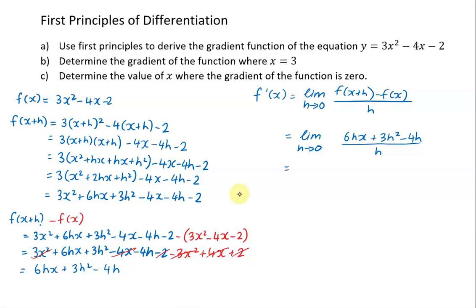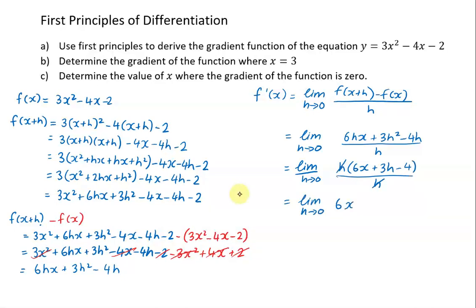So we take a common factor from the numerator because I can see that h is a common factor. That leaves us the remaining factors of 6x plus 3h minus 4 over h. And now we can cancel those two h's. And we're left with no h on the denominator, which means we'll be able to evaluate our limit.